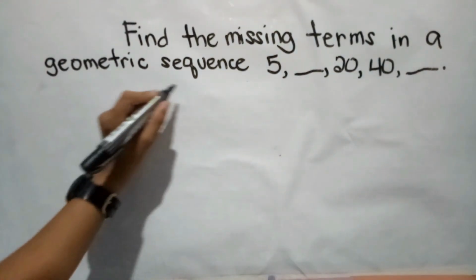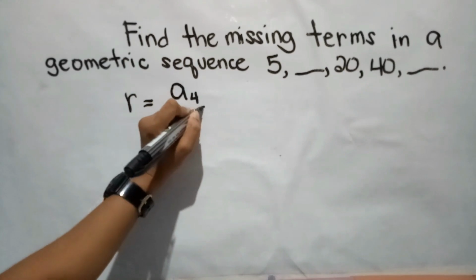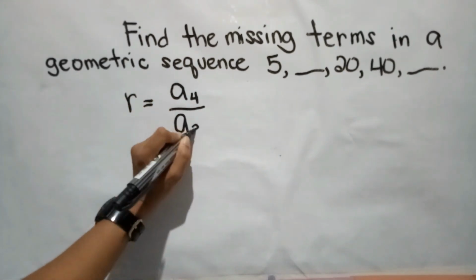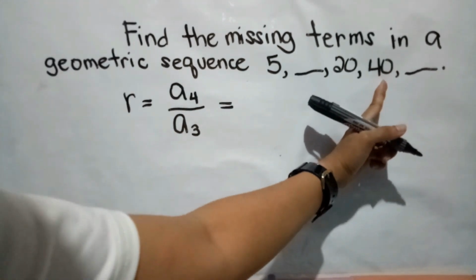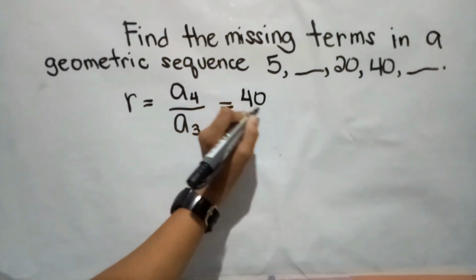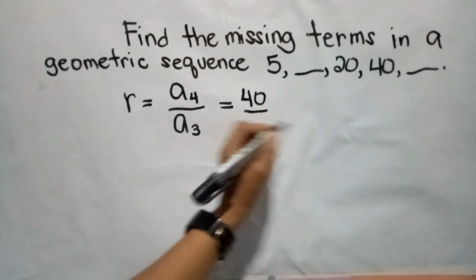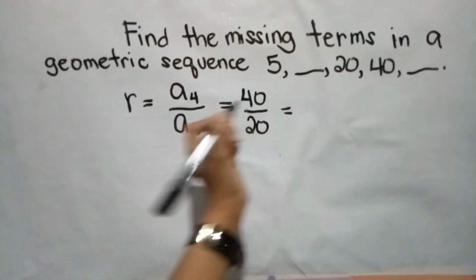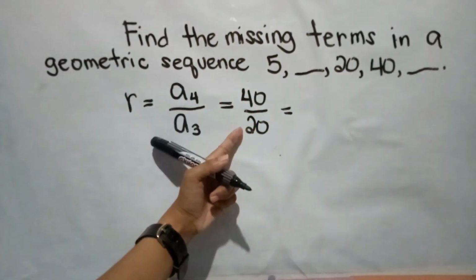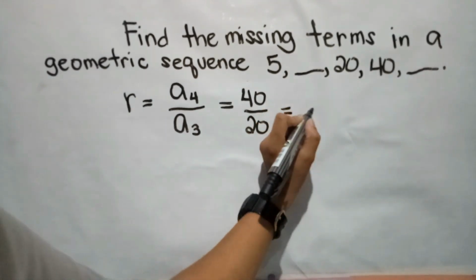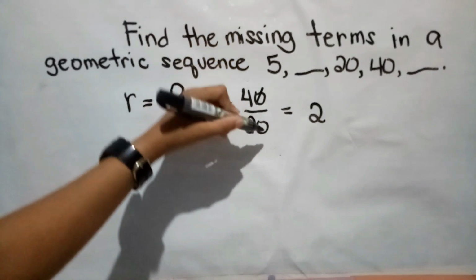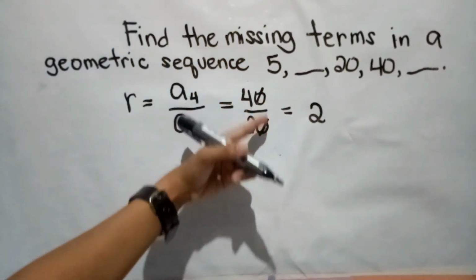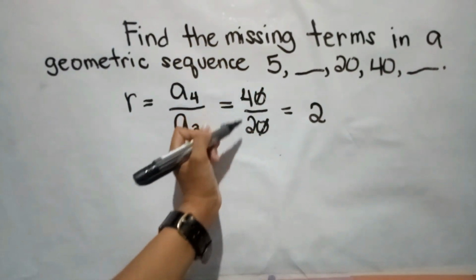So a sub 4 is equal to 40 divided by a sub 3, which is 20. So 40 divided by 20 is 2. Or you can also cancel 0, since we are just dividing. Cancel both 0, then 4 divided by 2.